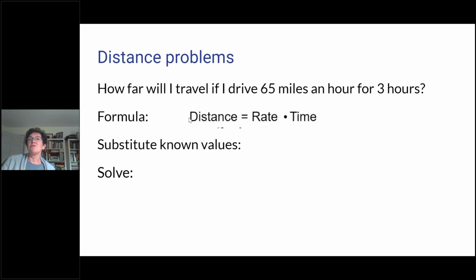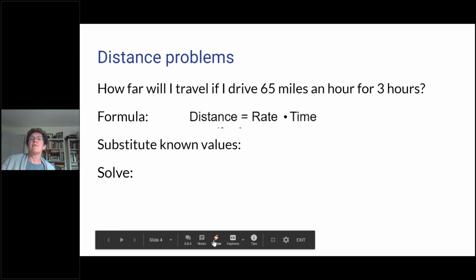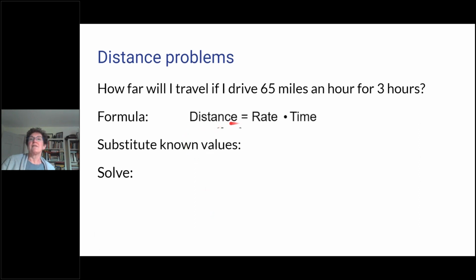Now I'm going to substitute in the known values. So it's asking me how far. That means that distance is going to be my unknown. Then I should be able to substitute in a rate and a time. Here's my rate, 65 miles an hour.